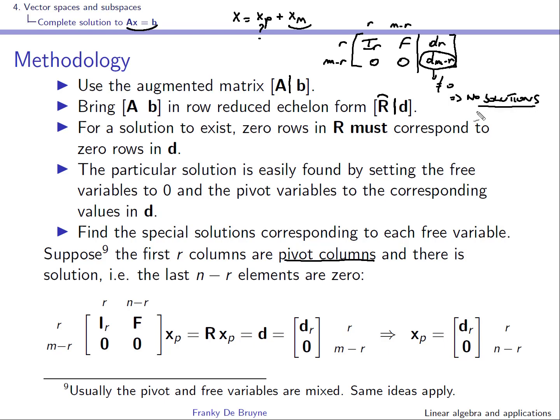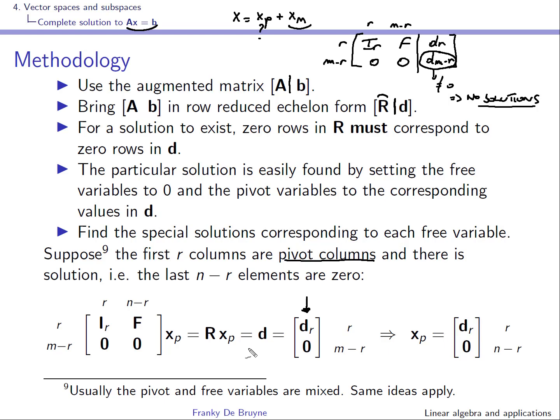So below we'll assume that this one is equal to 0 and that d takes this form over here. And if it takes this form, we have m minus r zeros over here, so we'll have a solution.